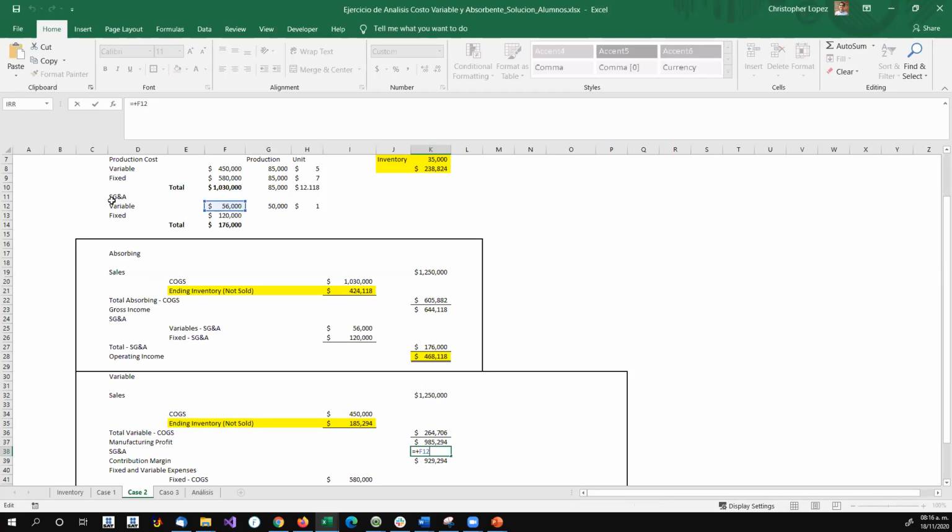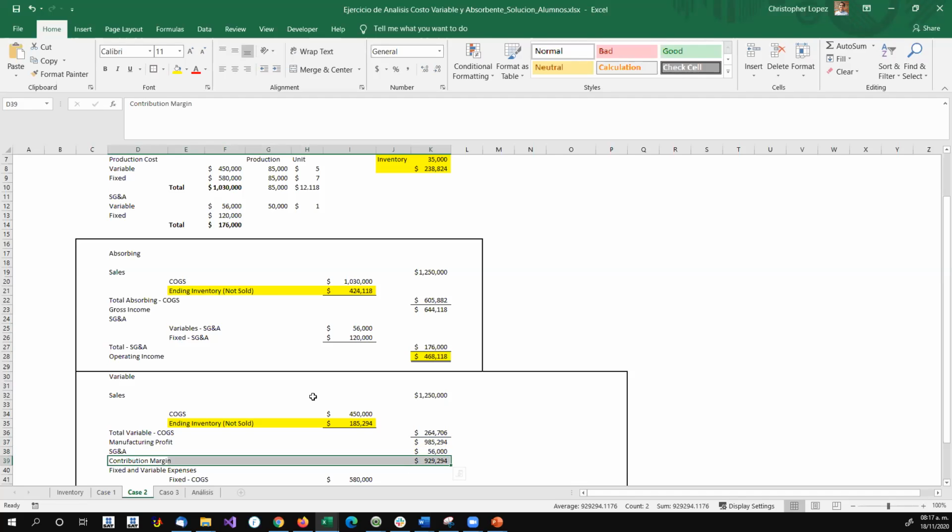Teacher, the one that was manufacturing profit was the sales minus what? Minus the variable cost. And again, this is just the sales and general on variable, right? The difference between the manufacturing profit and the variable sales, general, and administrative is my contribution margin.